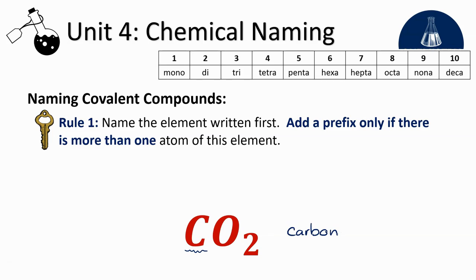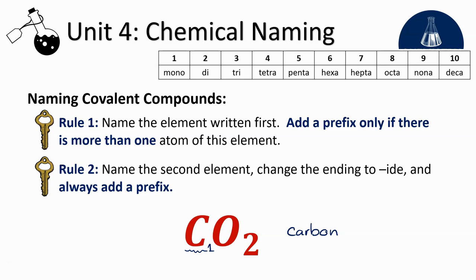In C's case, that is carbon. You will add a prefix for that element, but only if there is more than one atom of that element. And in CO2, we don't write the subscript 1, the 1 is implied. Since there is only one carbon, we do not put the prefix.